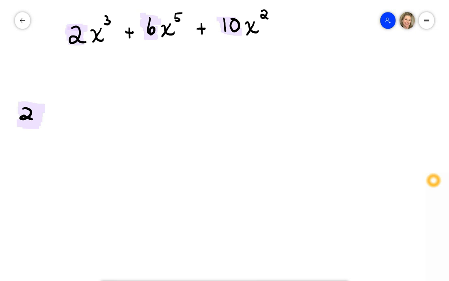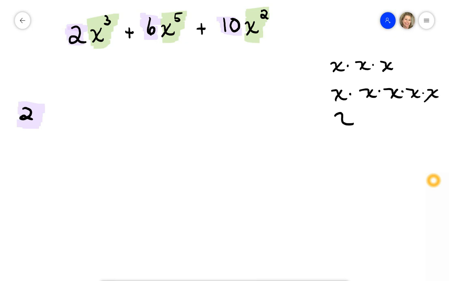Then I'm going to look at the variables, and in this example, I made it so that there's only one variable. They're x's, but I have x to the third, x to the fifth, and x to the second. Just keep in mind, x to the third is an x times x times x. And an x to the fifth is an x times x times x times x times x.